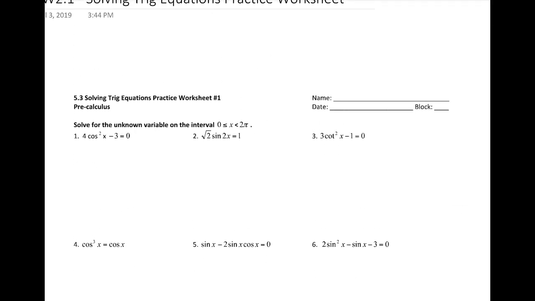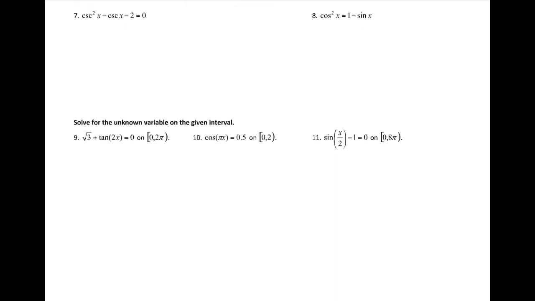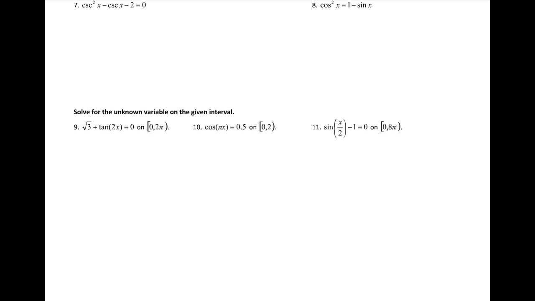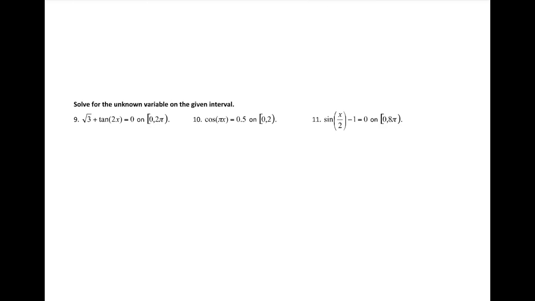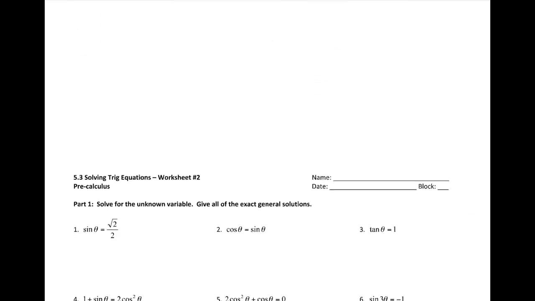Please note that you always want to check your intervals. A lot of the worksheets that I'm going to be posting are in radians, strictly because that's where most of the resources are. But do also notice that we are posting some very specific intervals here also. So be conscious of that when you go to do your final answers.